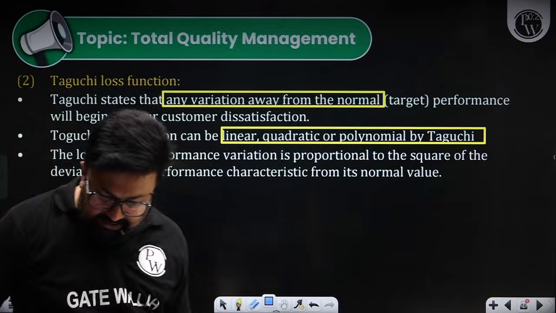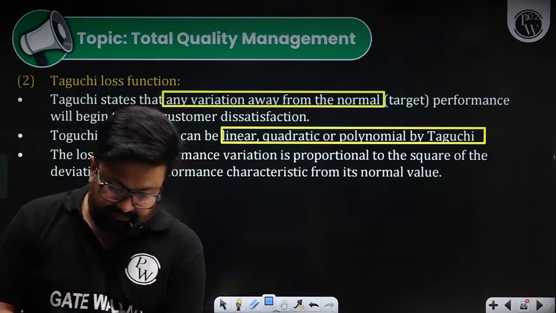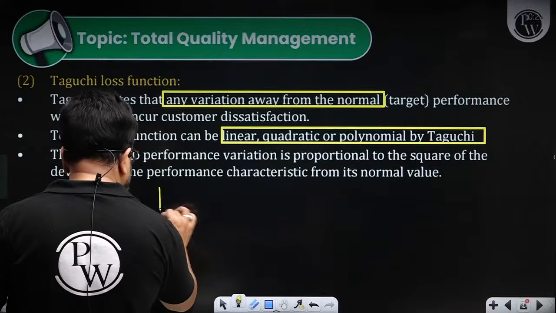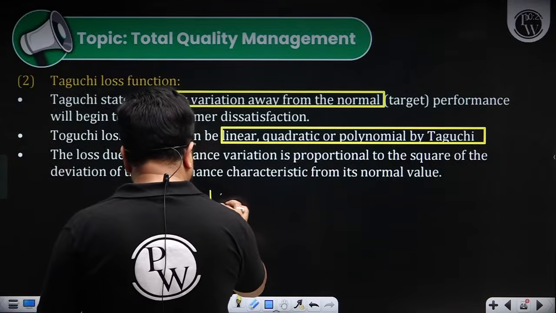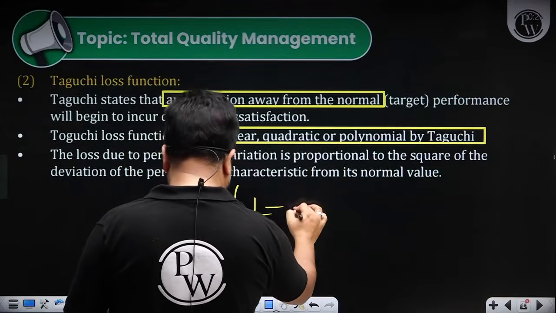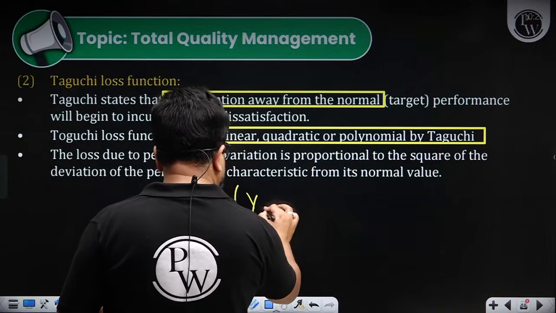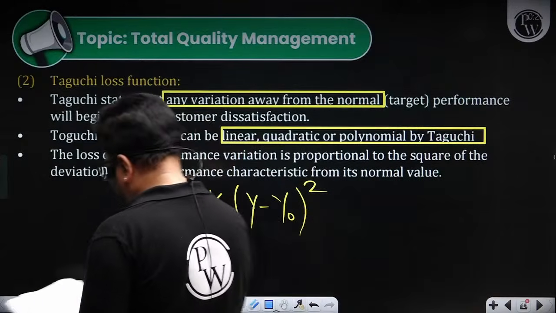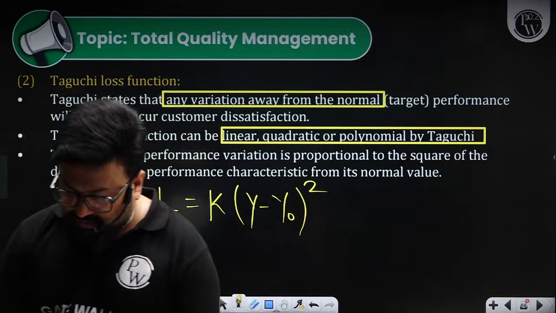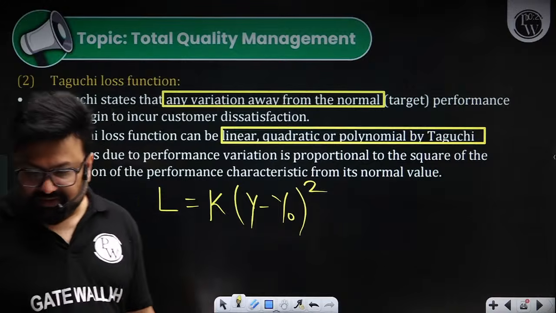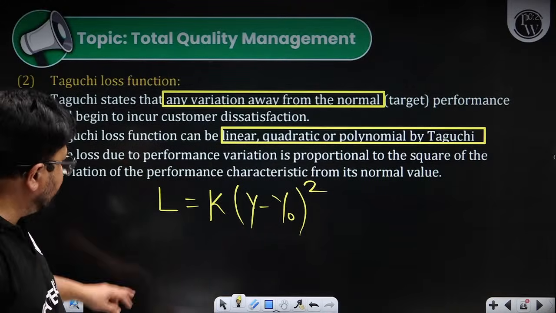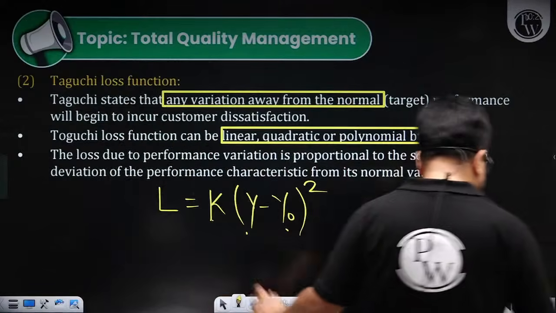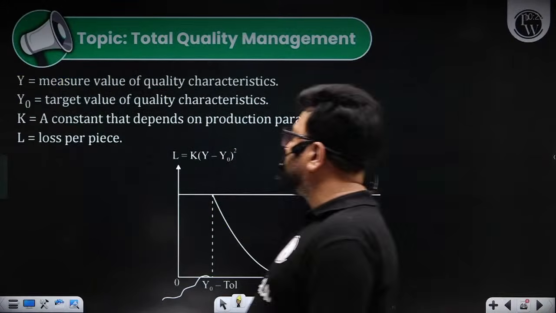You can write that Taguchi loss function equals a constant times variation from target squared. So basically here, what is y, and what is y not, and what is k? K is the constant of the Taguchi loss function.